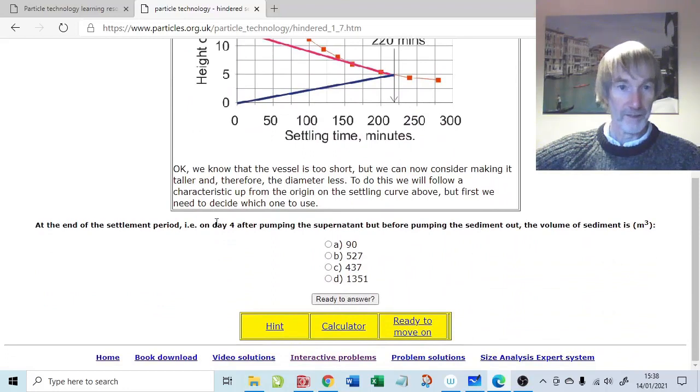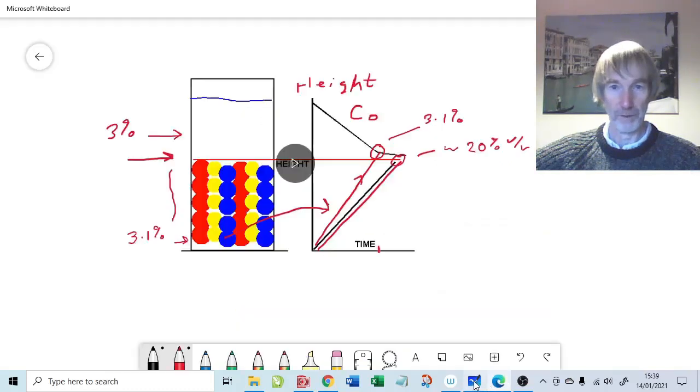Okay, at the end of the settlement period on day 4, after pumping the supernatant, but before pumping the sediment out, the volume of sediment is, on day 4 we'd have to go back to a material balance to work that out.